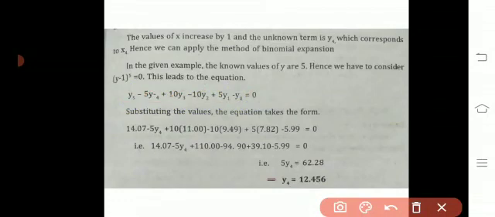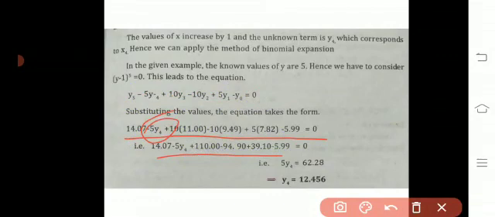Now in this equation we put the given values of y from the last table or last slide, and simplify further for y4, because y4 is missing, it is not given, that we have to find.